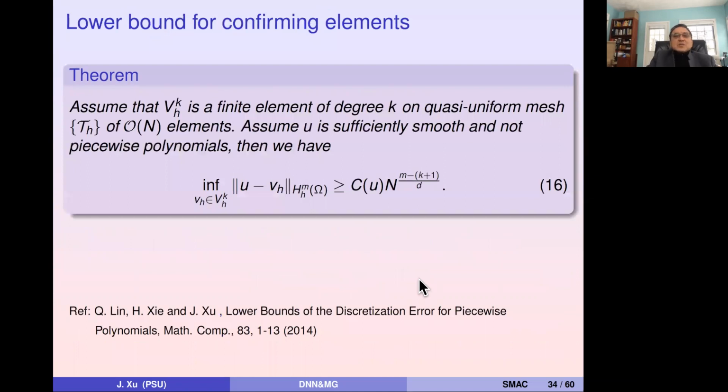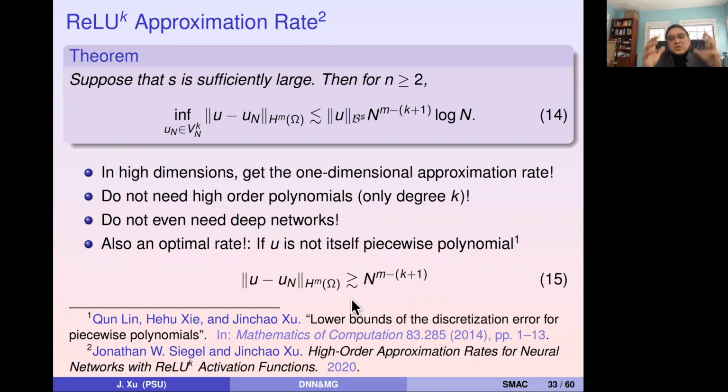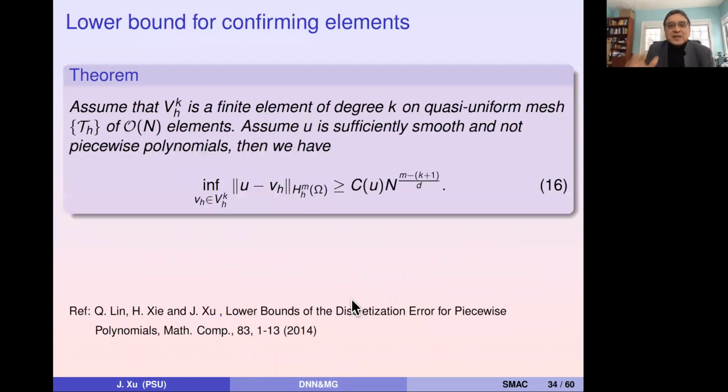Let's just compare this with the finite element method. Here u_n is a neural network with n neurons, so you can think of the number of parameters as n. If you do traditional finite element, piecewise polynomial with n elements, you still have n parameters. We can actually prove that 16 is both the lower bound and the upper bound, where you have to divide by d.